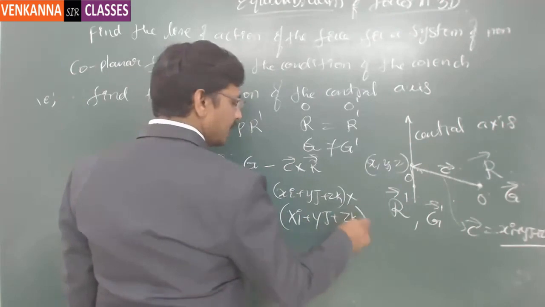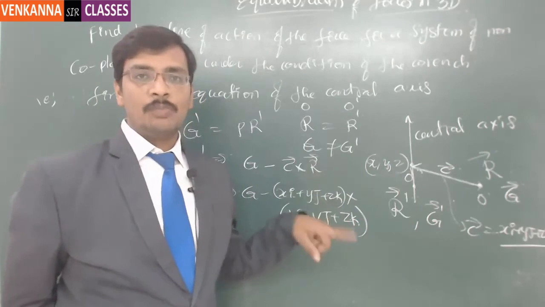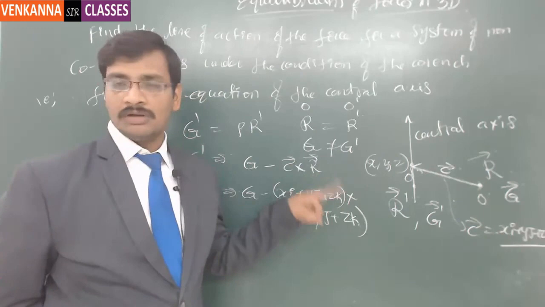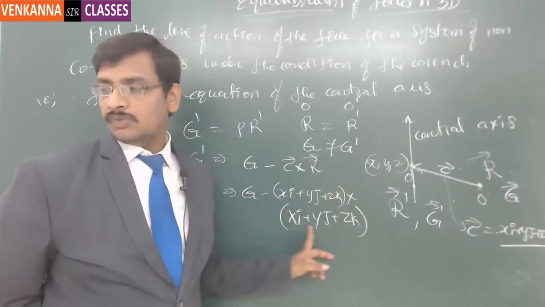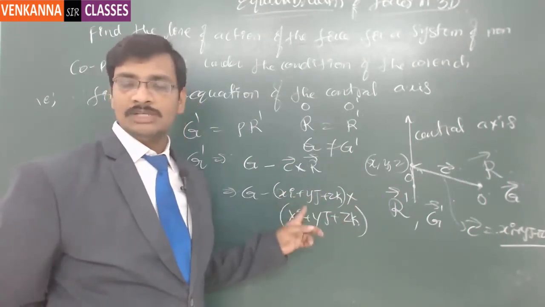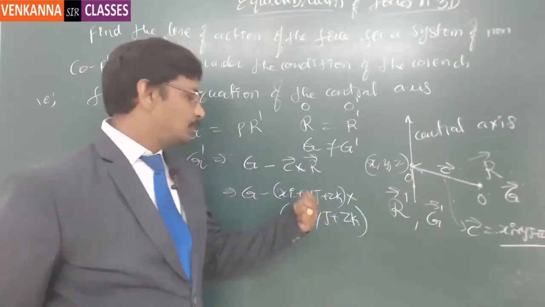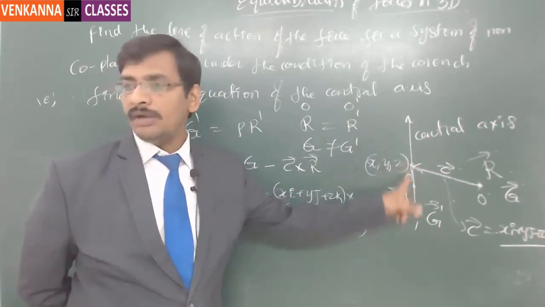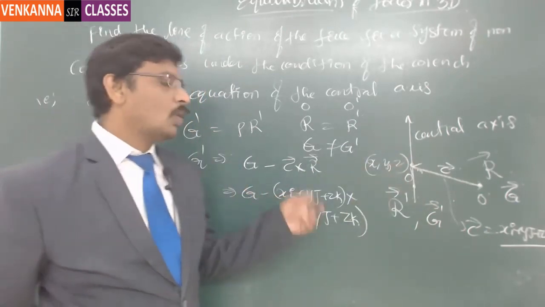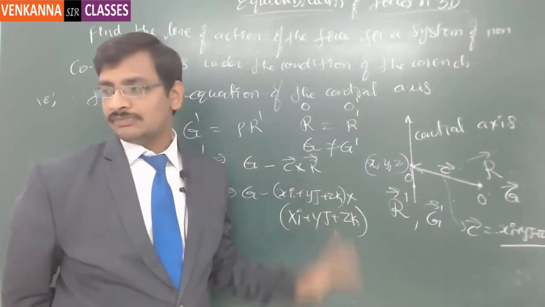So these capital X, capital Y, capital Z are nothing but the sum of the resolved components of the forces along the x-axis, y-axis, and z-axis. So all together we have expressed it in this particular format, where the base point is at a position vector of xi plus yj plus zk with respect to the initial base point that we have considered. And this position vector is nothing but the point on the central axis. Got it? So we want to identify the locus of x comma y comma z. So this is nothing but the equation of the central axis for us.